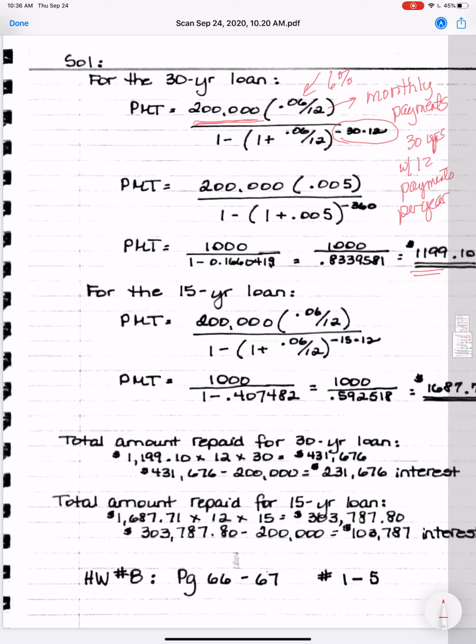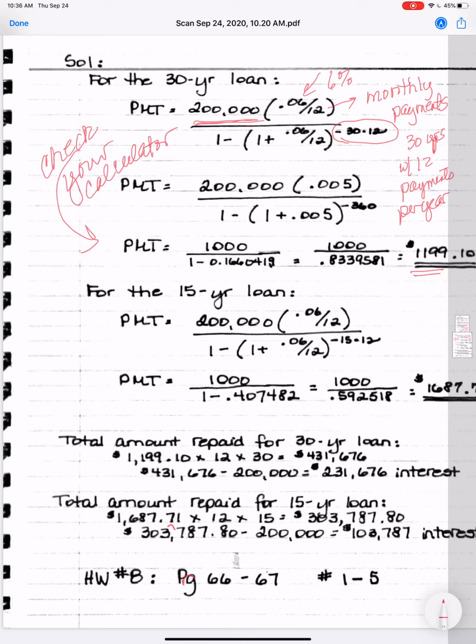I purposefully write in all of these steps so you can check your calculator. So walk through each of these steps, putting it into your calculator, and make sure you get what I have so that you're sure you know how to use your calculator. Calculators are all different, so I try to show you each of these steps so you can check yourself along the way.